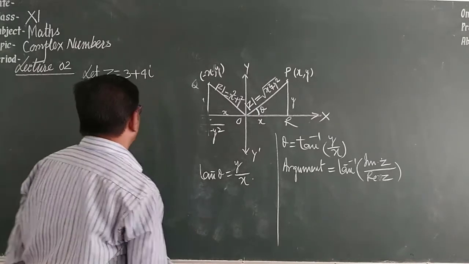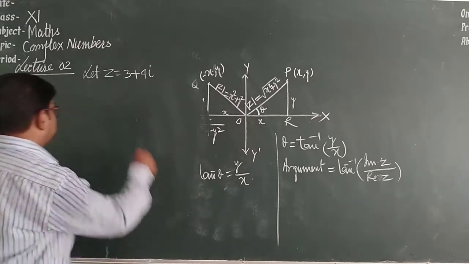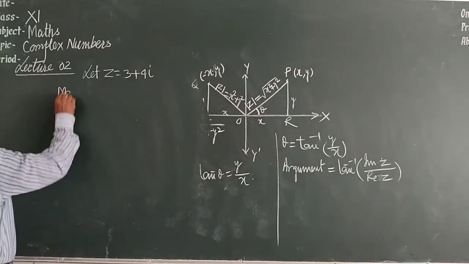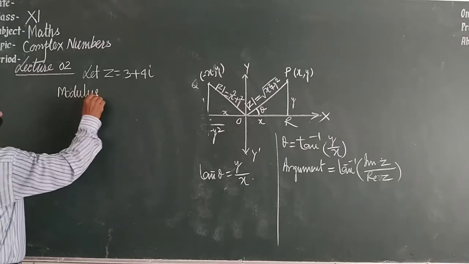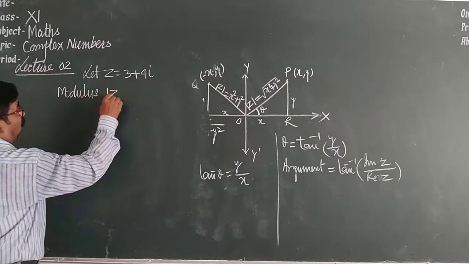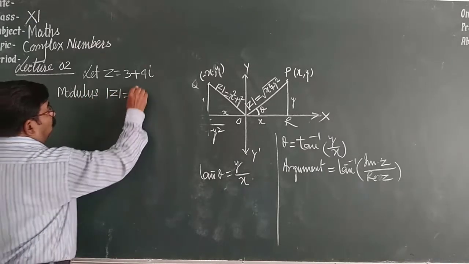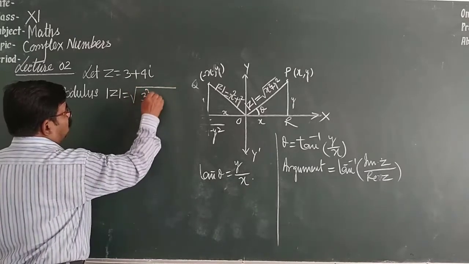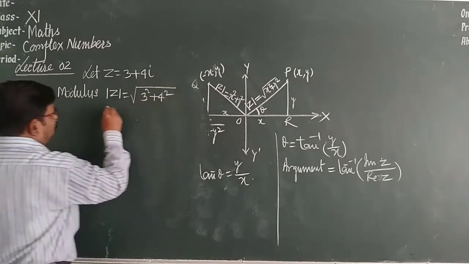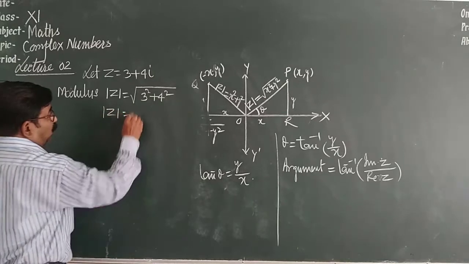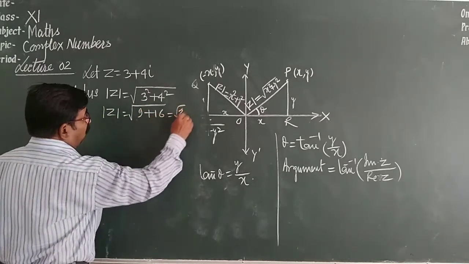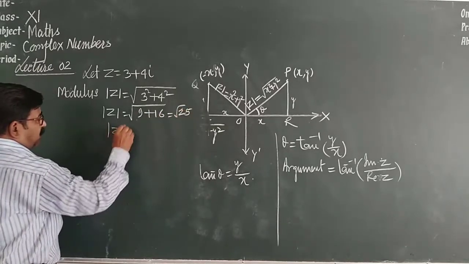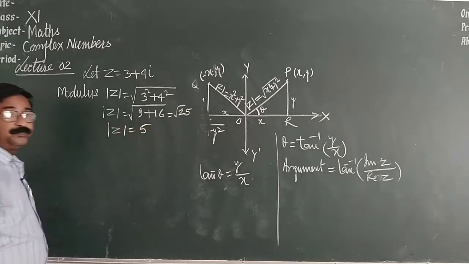So if you are going to find the modulus, that is mod of z is equal to under root 3 square plus 4 square. Mod of z is equal to, this is 9 plus 16, is equal to under root 25. So mod of z is equal to 5.